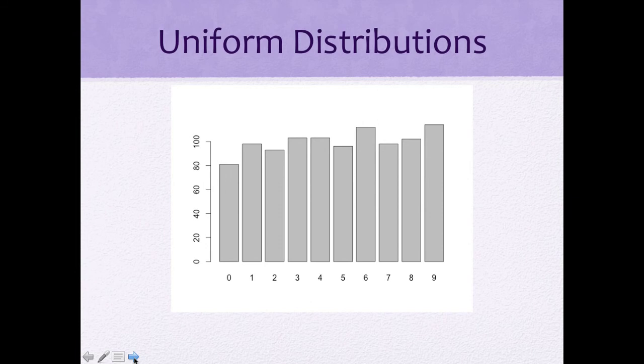So if you were looking at a class of grades on a test, and maybe the scores are out of 9, so a 0 through 9, and it was a uniform distribution, that would mean that about the same amount of kids got a 0 as got a 1, as got a 2, all the way up through 9. So it's evenly distributed across the possibilities.